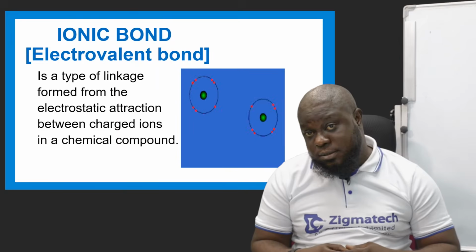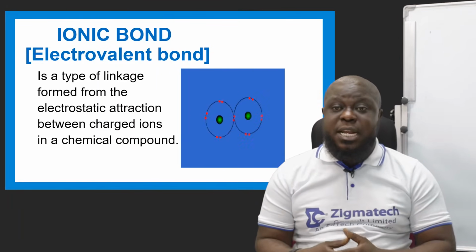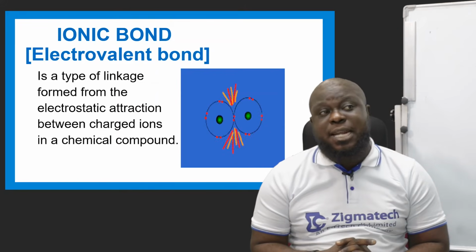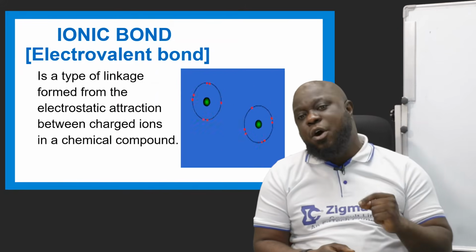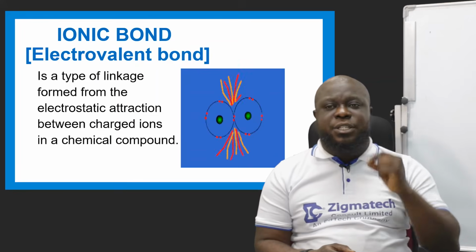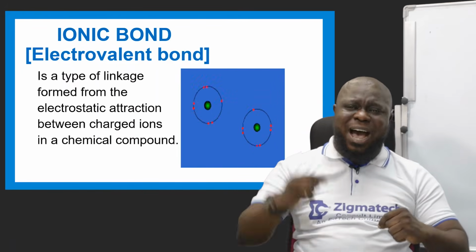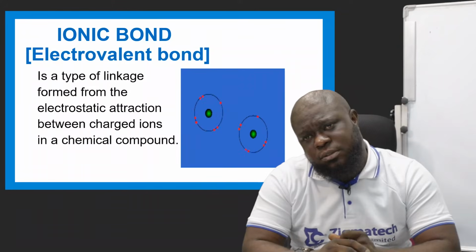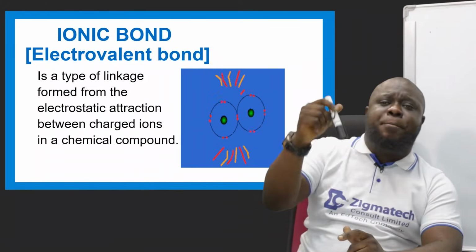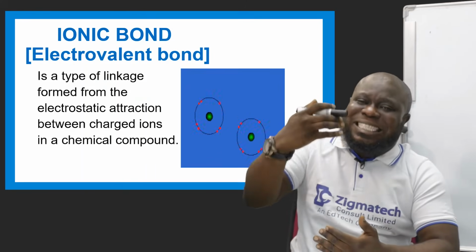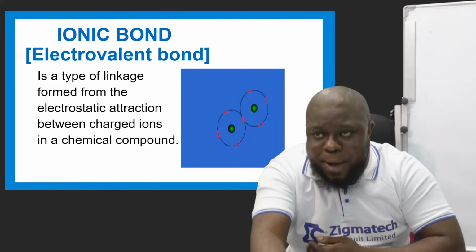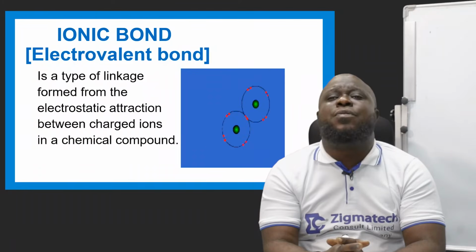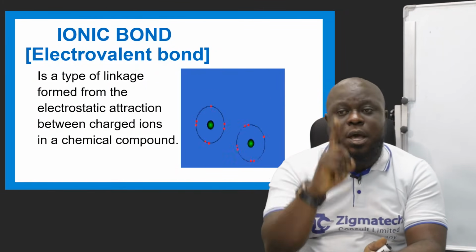They are the same thing. It is the attraction, the force that brings the attraction. The charged ions are the positive and the negative. When they come together, they give us a charge. So that particular bond that gives us a charge in a chemical compound to form an ionic compound is called an electrovalent bond or ionic bond.